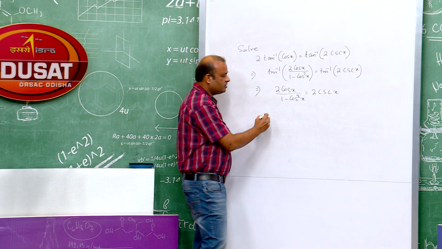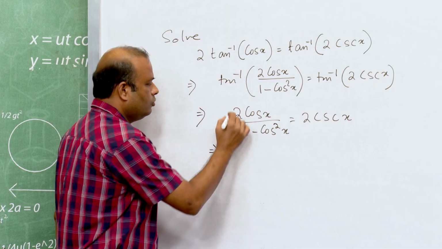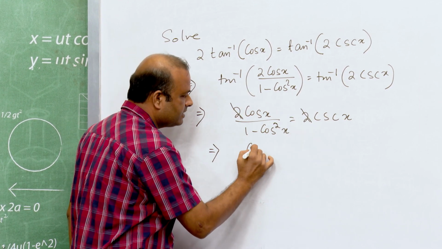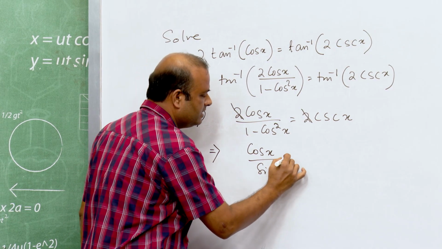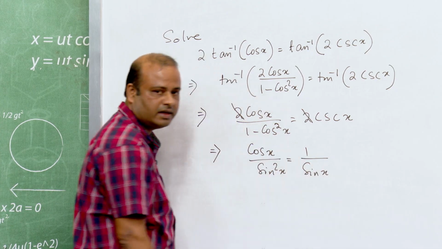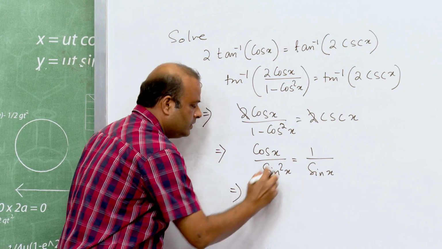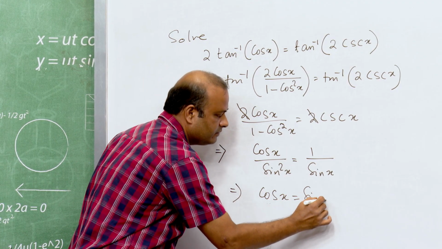So this implies 2 cancels out. Now cos x by sin square x is equal to 1 by sin x, right? So now this implies cos x is equal to sin x.